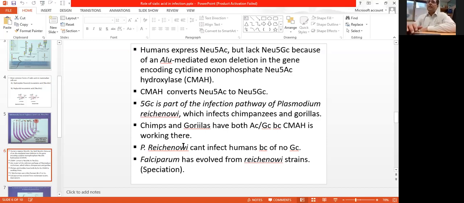So in ancient times malaria was caused by this reichenowi and other ancestral types of reichenowi. And falciparum, it's thought that it is a recently evolved species.